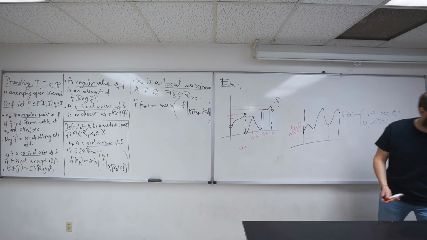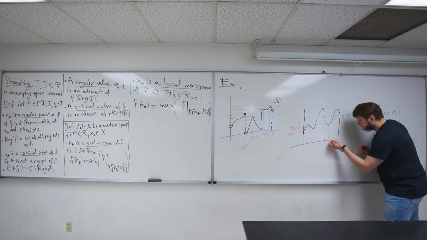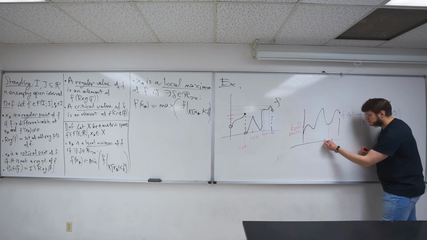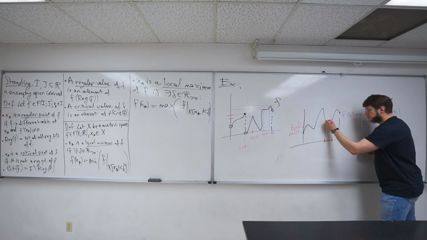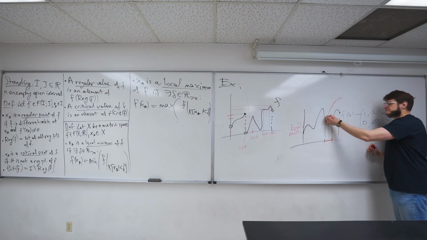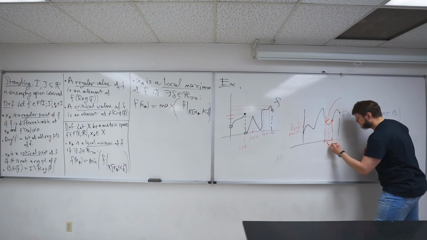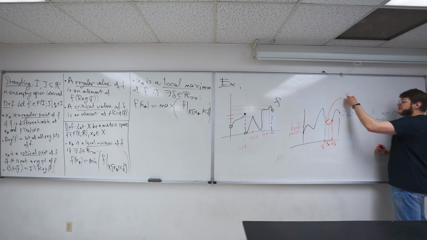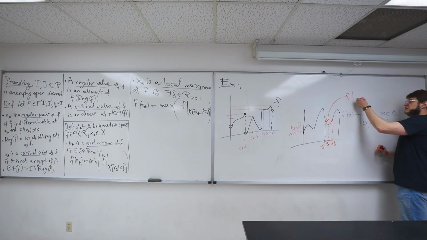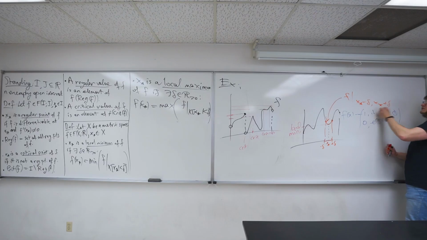If you were to just focus your attention to some small interval centered at this, and you just look at this little piece, this is x star, this is plus delta, this is minus delta, and this little piece is the graph of f restricted to the open interval from x star minus delta to x star plus delta.